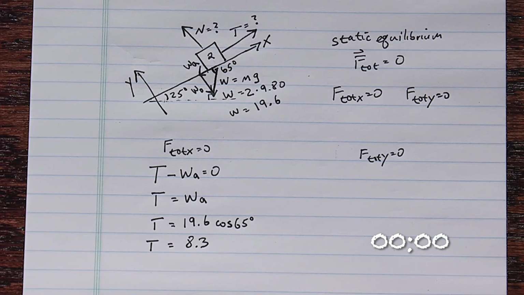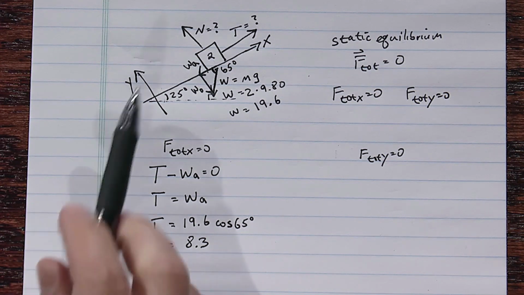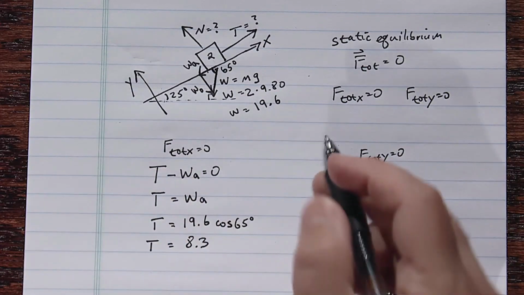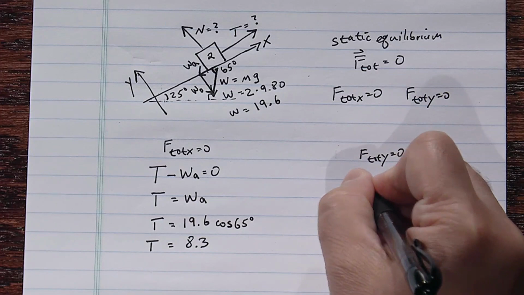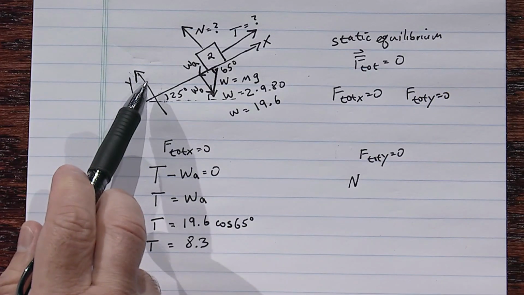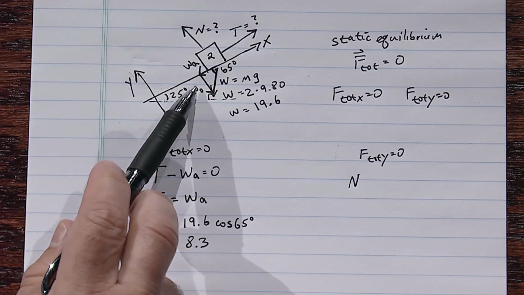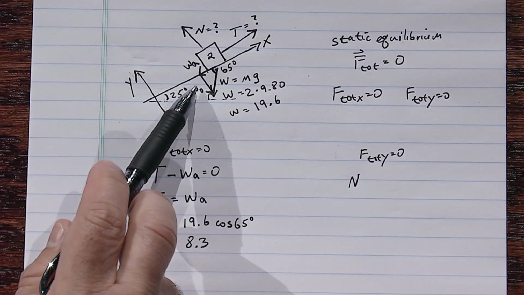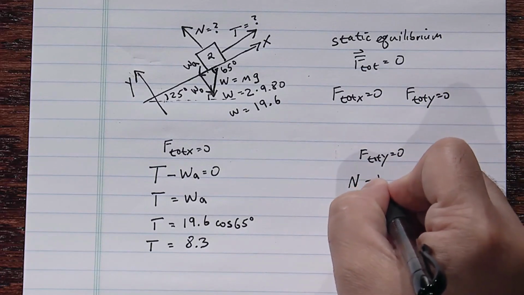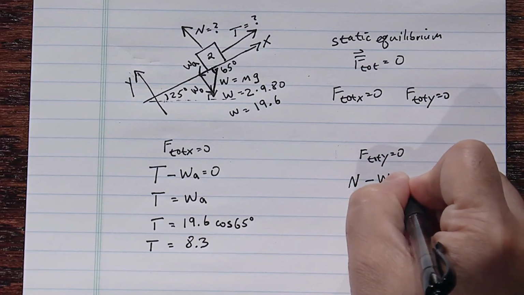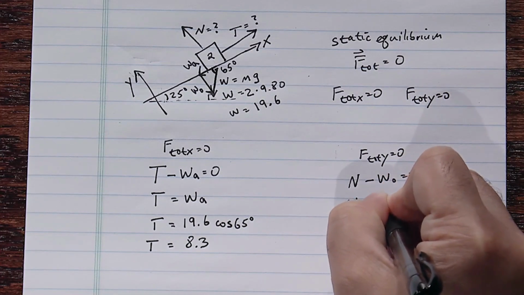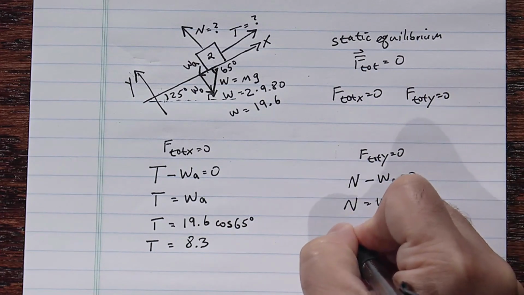Well, the normal force we'll find out from our y equation because the normal force is pulling completely in the positive y direction. So we have normal force pulling in the positive y direction, and pulling against the normal force is weight opposite. So normal force minus weight opposite is equal to 0, or normal force is equal to weight opposite.